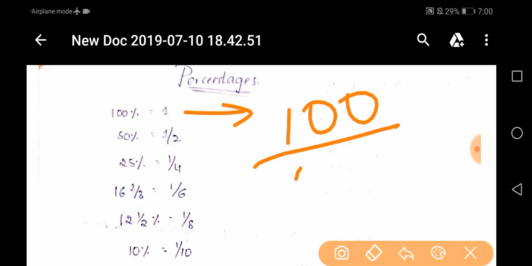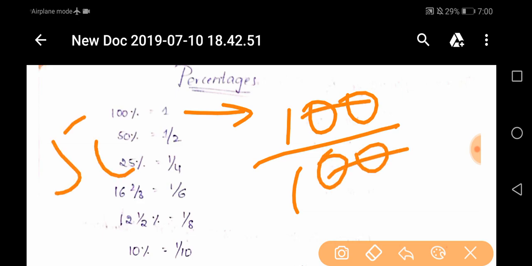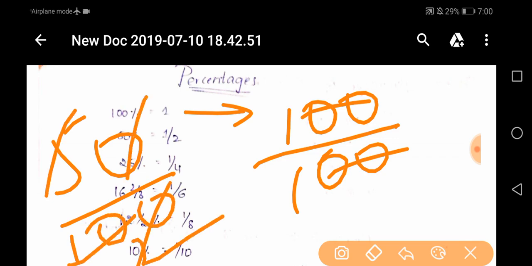See, 1 is nothing but 100%. How did 1 come? Percent means per 100, so 100 by 100, 1 is the answer. 50% cancels to 1 by 2.